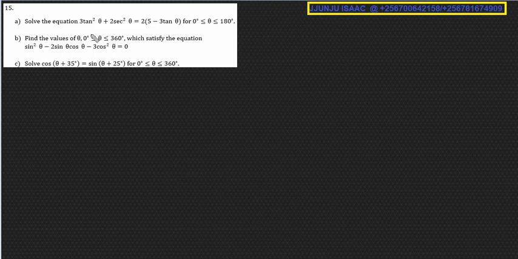So let us see. Now we have tan squared, sec squared. I want you to recall from the Pythagorean identities that 1 plus tan squared theta is equal to sec squared theta. So this identity is likely to be useful here. So let us see if I rewrite this, 3 tan squared plus twice.